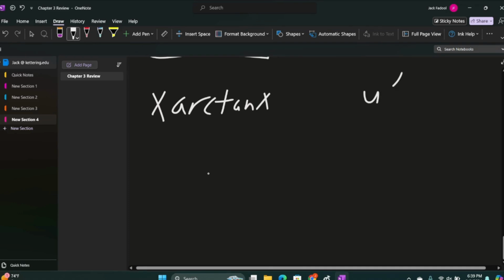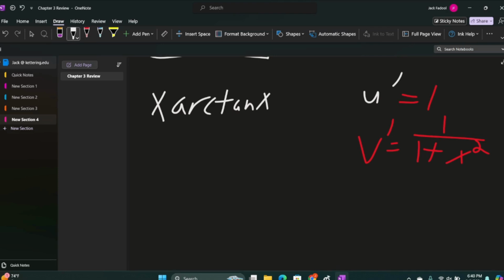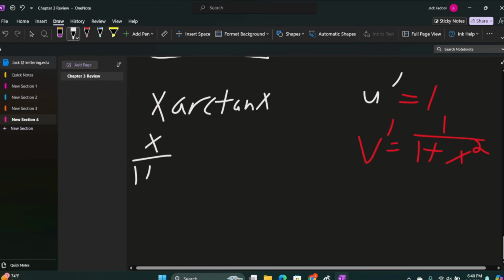So u prime is just 1, and v prime, which is the derivative of arctan x, is 1 over 1 plus x squared. So then, product rule problem, it will just be x over 1 plus x squared plus arctan x.